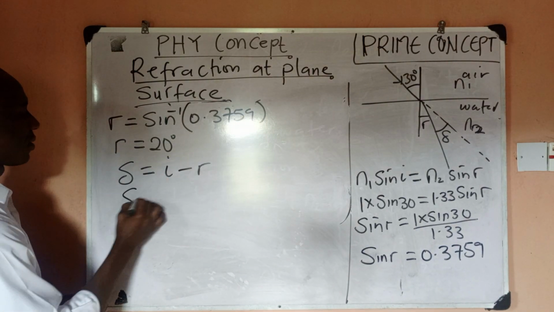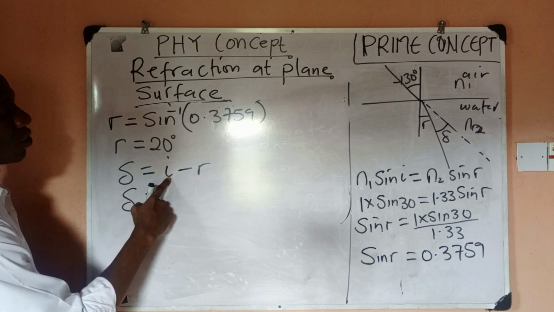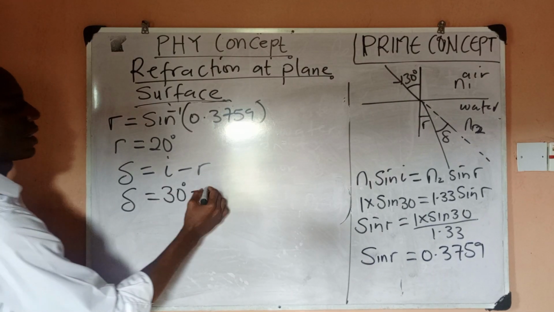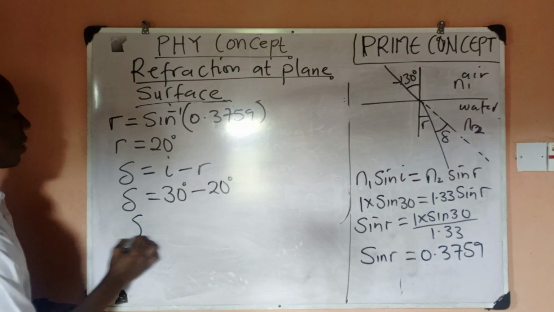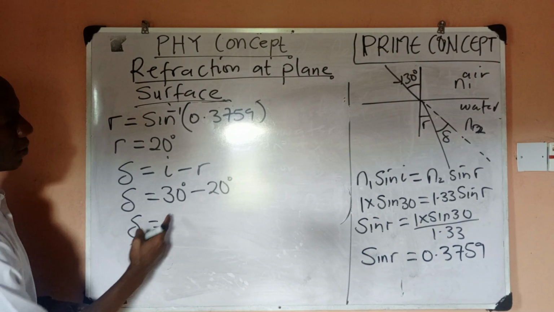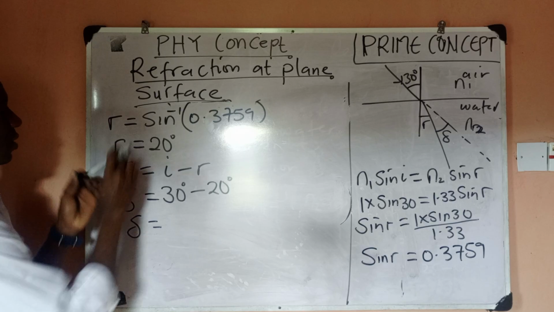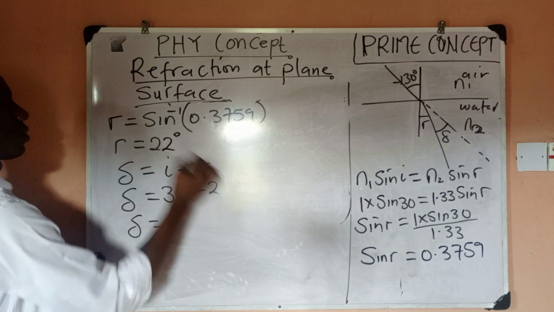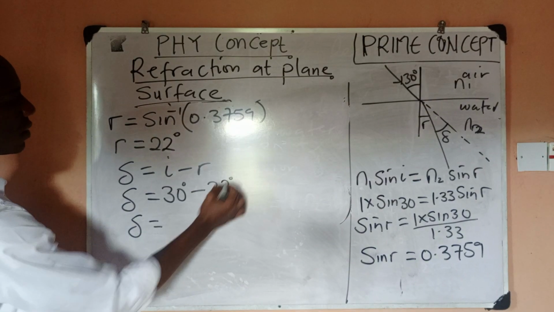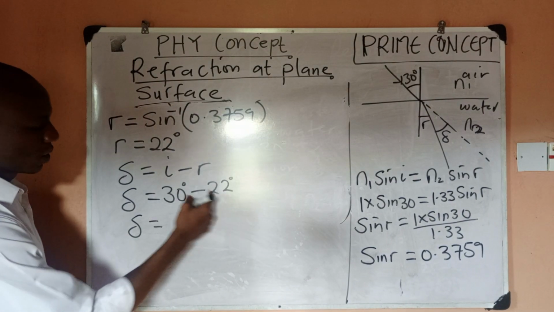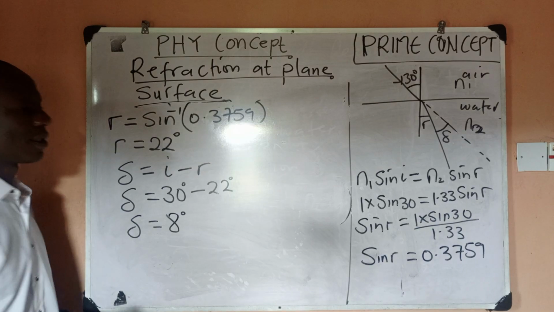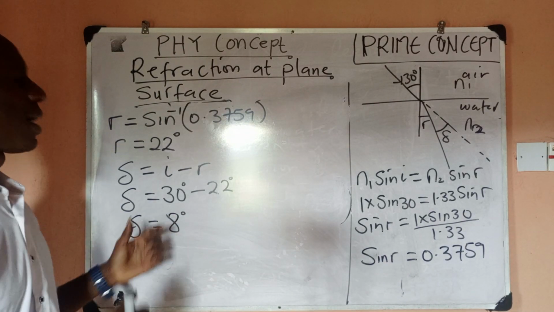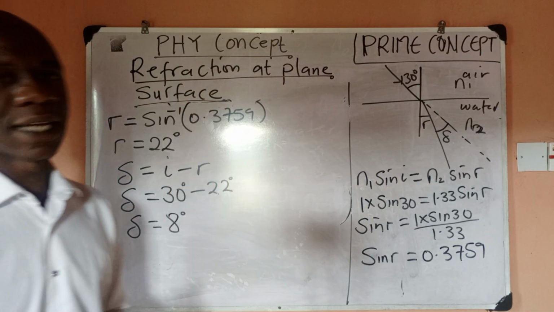Now we'll have that delta, the deviation suffered, is going to be the incident angle, which is 30 degrees, minus our refracted angle, which is 22 degrees. So that when you say 30 minus 22, it is going to give us 8 degrees. So this is the deviation. This is the amount of deviation suffered by that light that is traveling.